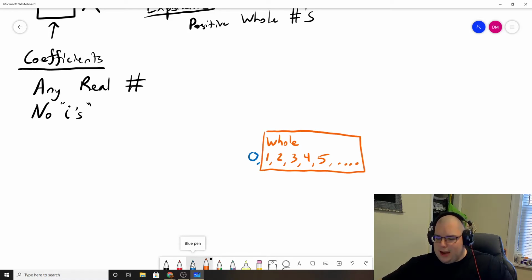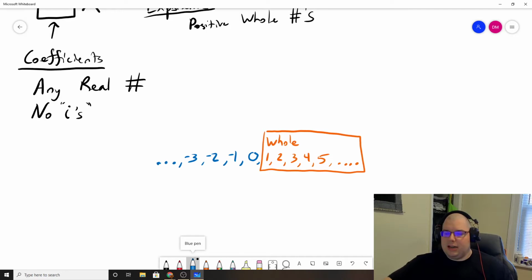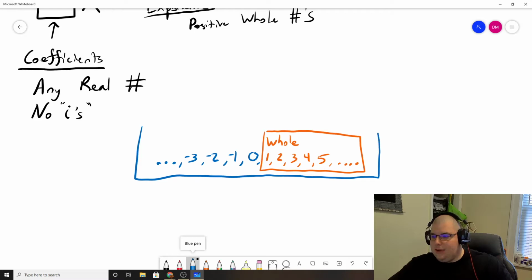And then later on in life, you learned about negative numbers, and we started counting backwards negatively. So -1, -2, -3, -4, -5, and we kept going backwards like that. All of these things together, your negative and positive whole numbers, create what are called the integers.